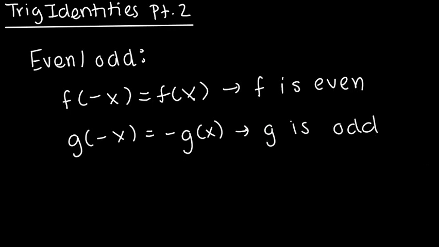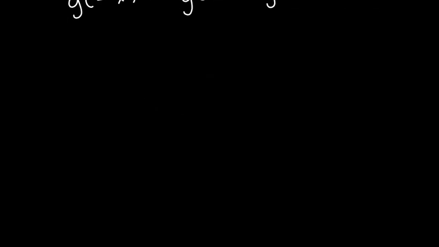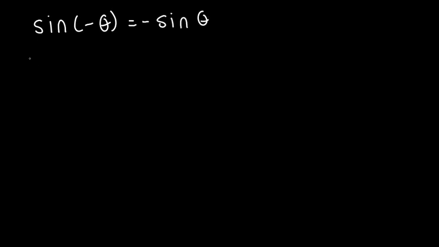So sine, tangent, cosecant, and cotangent are odd functions. And cosine and secant are even functions. So that means that sine of negative theta is equal to negative sine theta. And then we have the same for cosecant, tangent, and cotangent.